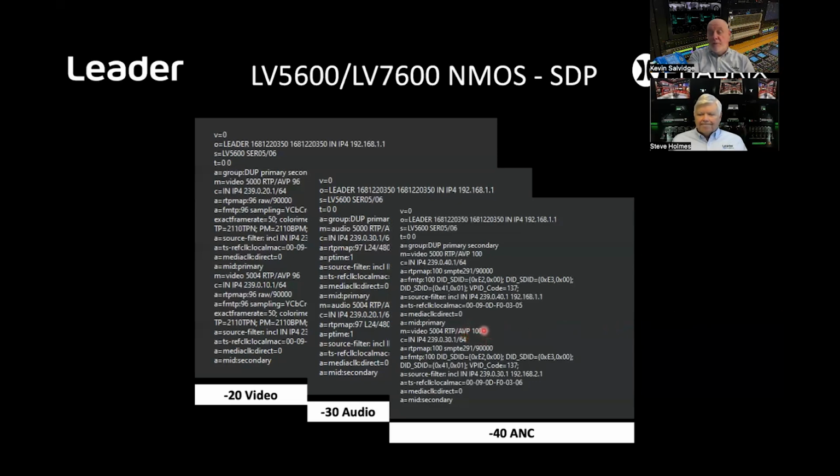And for those of you playing around with JPEG XS, that has its own payload ID as well, doesn't it, Steve? Yes, it does. The one thing to note, though, is that the payload or the packet type is really what that field is, and it can be anything from 96 to 127.